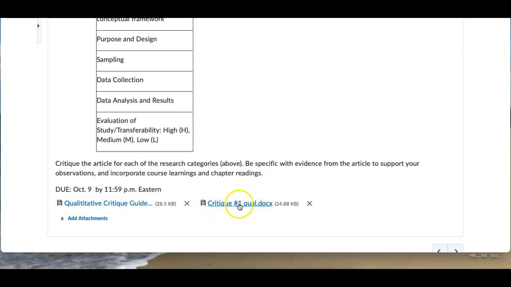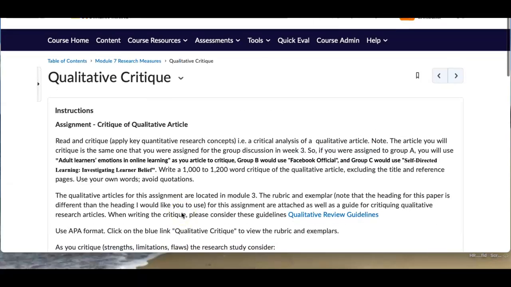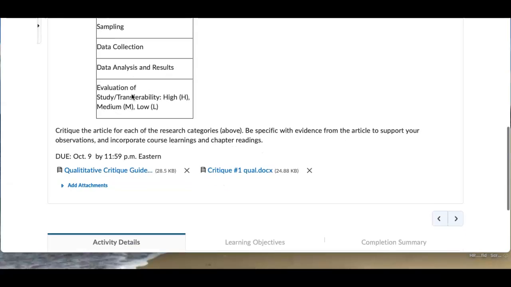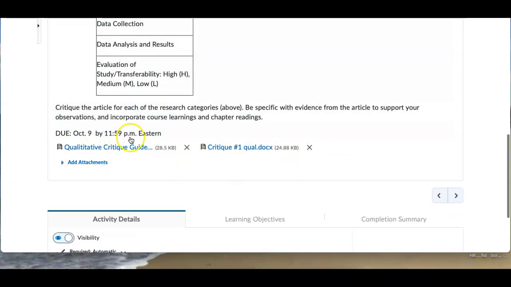There's an exemplar in here. I have to say this isn't perfect, but it will give you an idea of what I am looking for. And then there's also a qualitative critique guide. So once again, you have to click on the assignment, and then you come down and you'll see these areas, one exemplar and the critique guide.